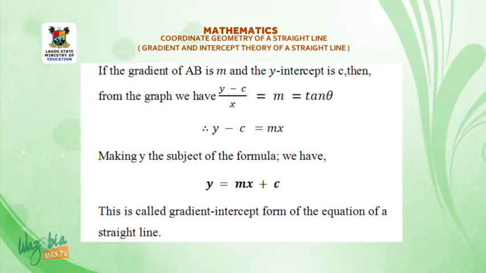Making y the subject of the formula, we have y is equal to mx plus c. This is called the gradient intercept form of the equation of a straight line.